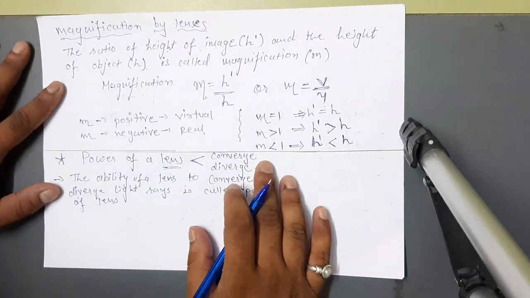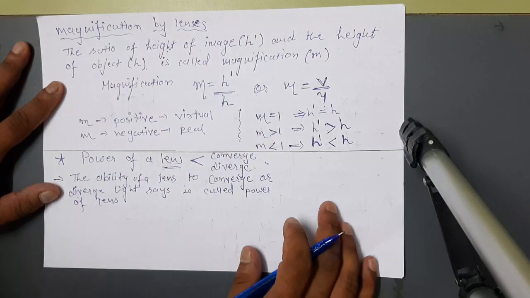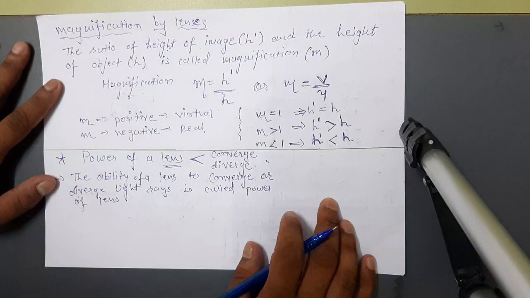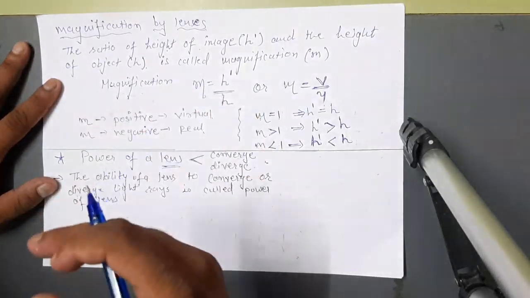So the ability to converge light rays or to diverge light rays, that is considered as power of lens. Now we have seen that if the focal length is more, its ability will get decreased.